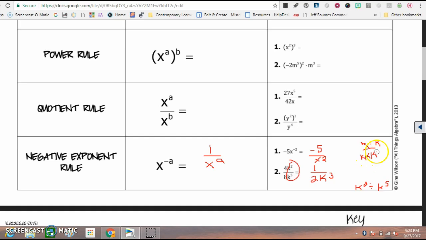You might want to do this on your paper as well so you can remember why it works this way. These become simplified and we can cancel them out. They're a fancy form of 1. And what am I left with? I'm left with 3 k's on the bottom, which means there's a 1 on top, which would be 1 over k cubed, and that's what we have here.